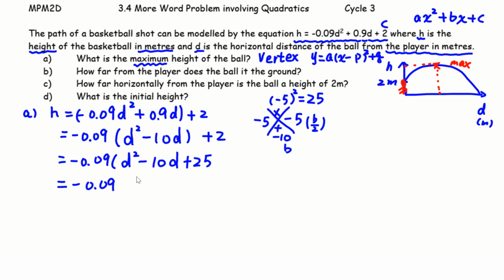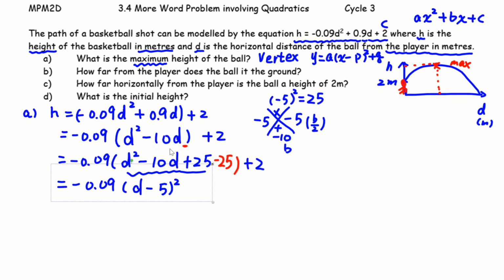Then these first three terms, you factor it will be d minus 5 times d minus 5 give you d minus 5 squared. And inside the bracket, we don't have constant here, so we need to minus 25. Then you will have 25 minus 25 give you 0.